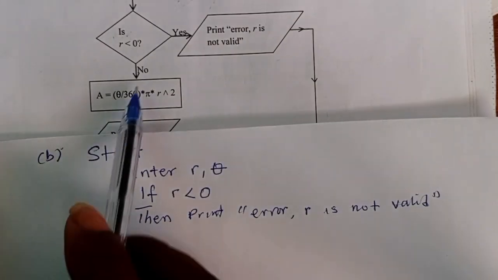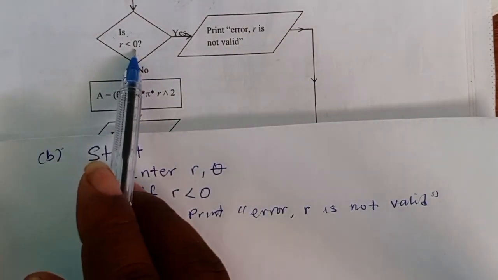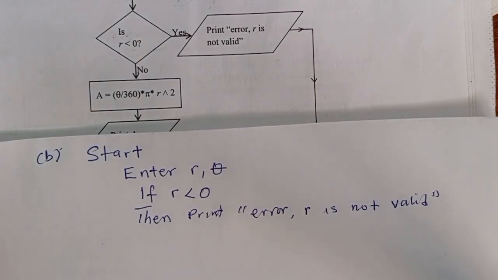So if it is not true that r is less than 0, you need to proceed.